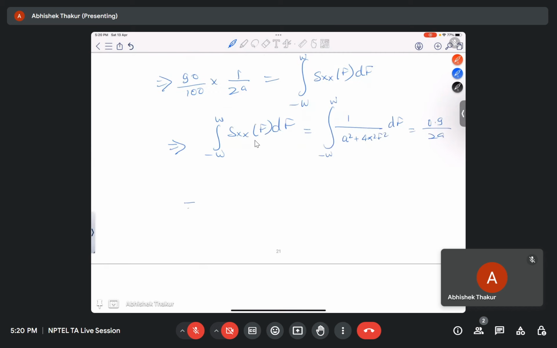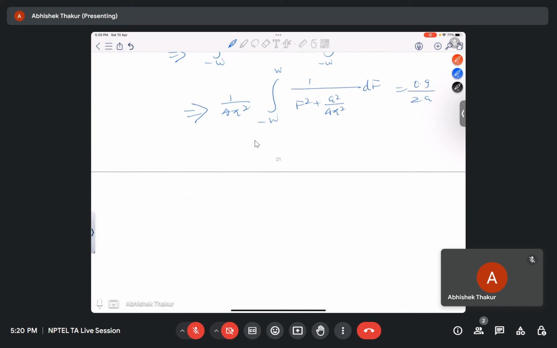So now when we take 1 by 4 pi squared common, we will get the integral of 1 by f squared plus a squared by 4 pi squared df, and this is equal to 0.9 by 2a. So this implies that 1 by 4 pi squared, this integration will be 2 pi by a tan inverse of f by (a by 2 pi), and the value of f is from minus omega to omega.